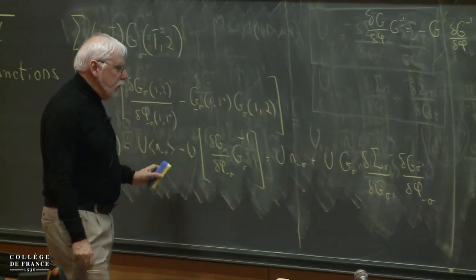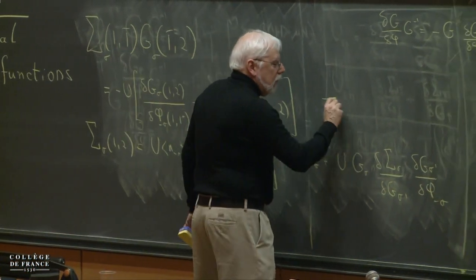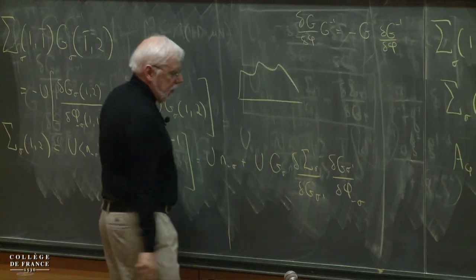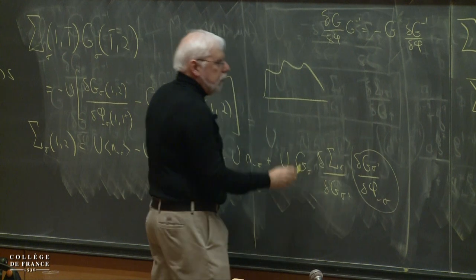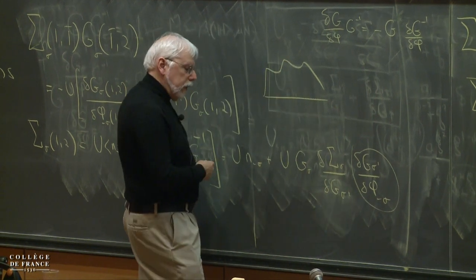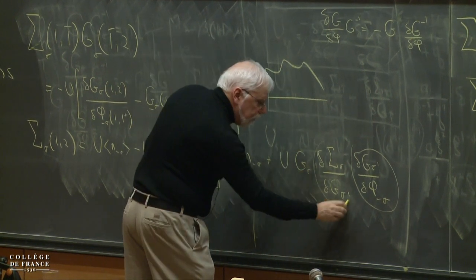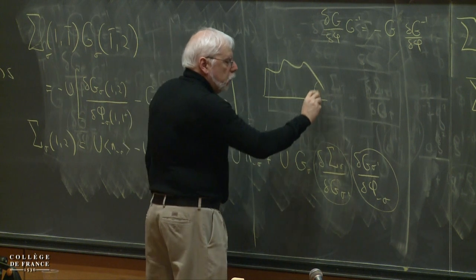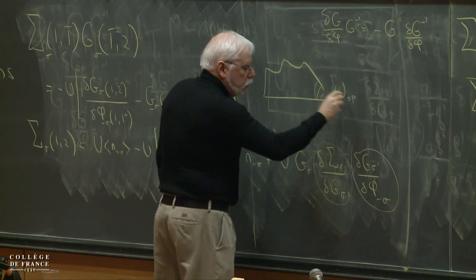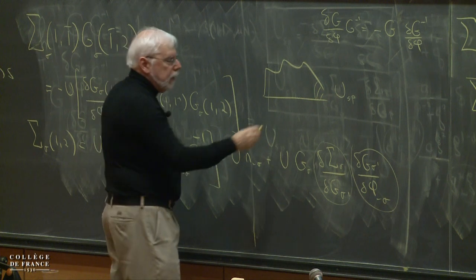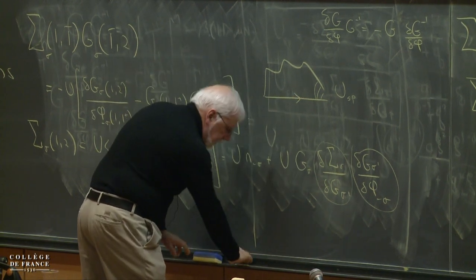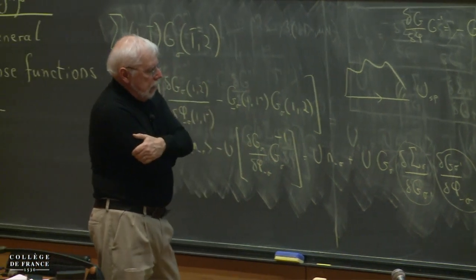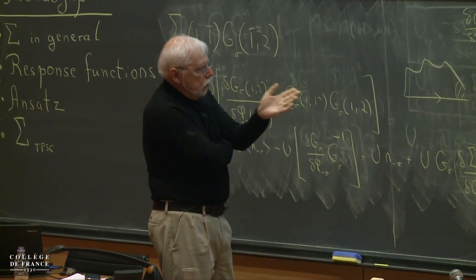And you recognize this now, right? This is related to these spin fluctuations. And this is the irreducible vertex. So you saw that we had U spin and U charge in the expression. And this is the Green's function. So you need to work out this, and you find this U spin and U charge.